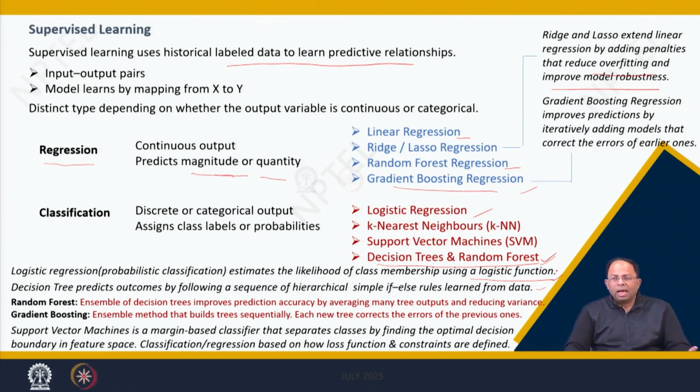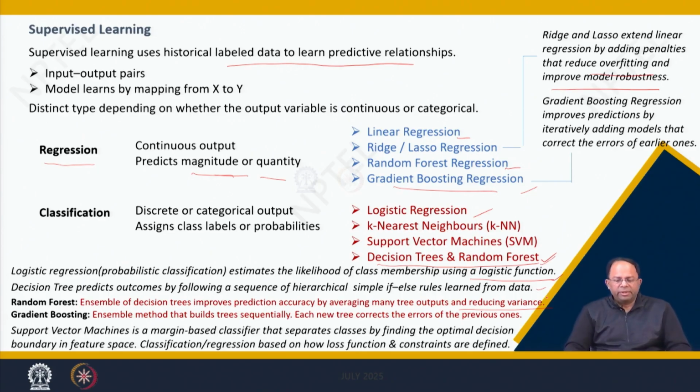Then we can improve the prediction accuracy by averaging the output of all the different trees, and also by reducing the variance between the results. Gradient boosting is a similar ensemble technique that builds trees sequentially, but every time a new tree is built, we correct the errors of the previous one and then move forward.